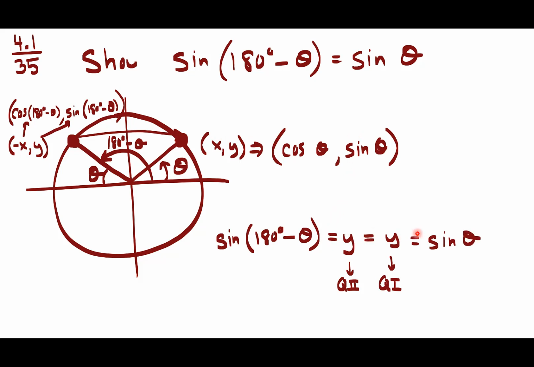We have proved the fact that sine of 180 degrees minus theta is equal to sine of theta. Said mathematically, we have proved in a diagram that the sine of the supplement is equal to the sine of the angle itself.